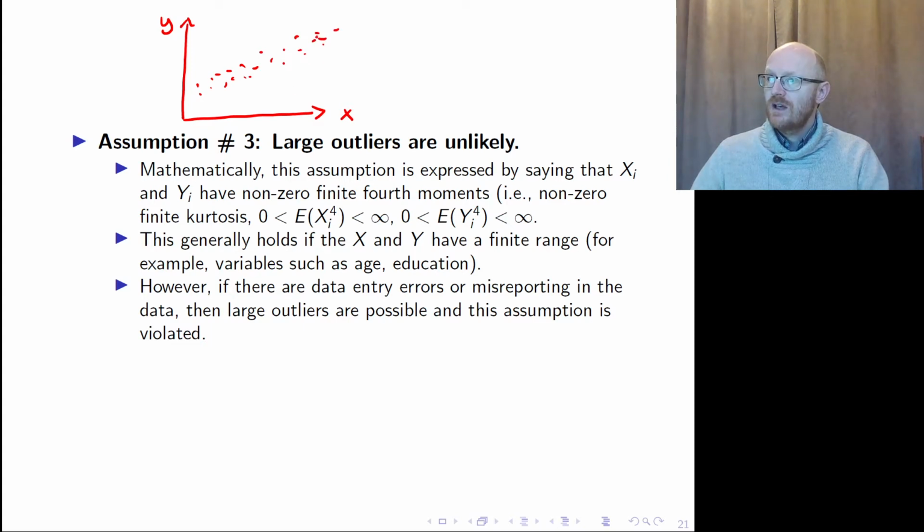For example, if you have this data, but you have this outlier here, then you would probably get a lower slope on the estimated regression line, which means that the slope, the beta 1 hat, and the intercept beta naught hat would probably be biased, either one of them or both.